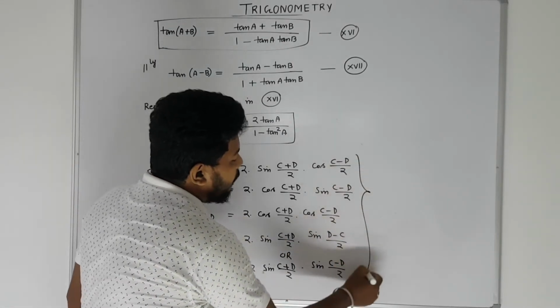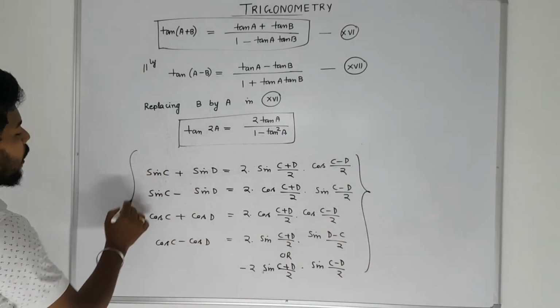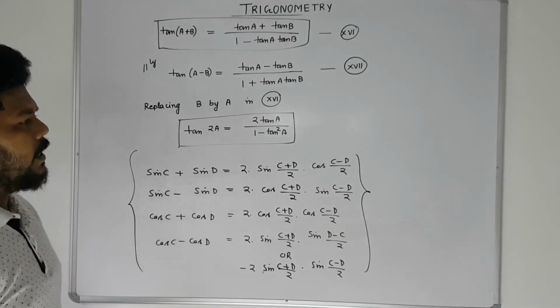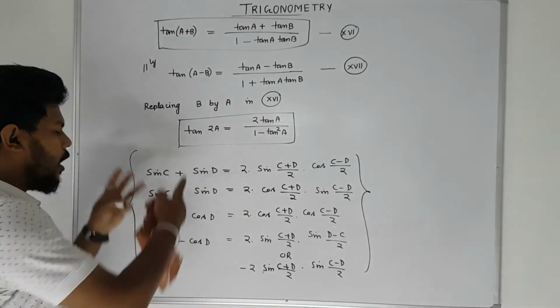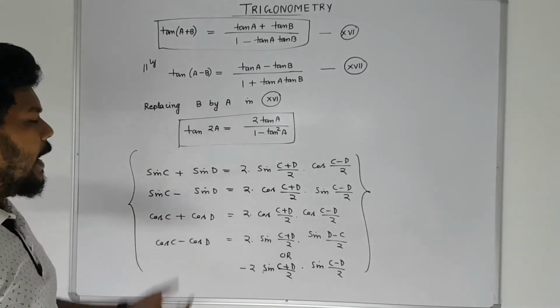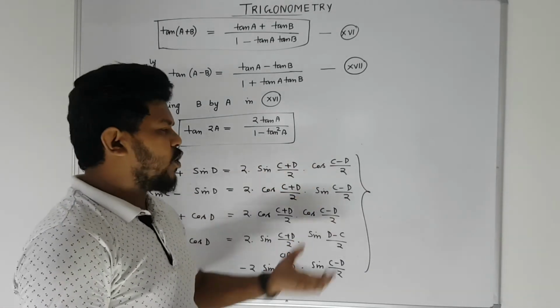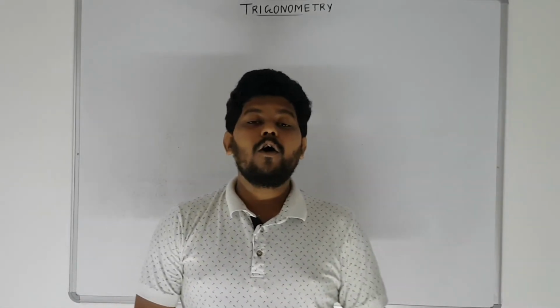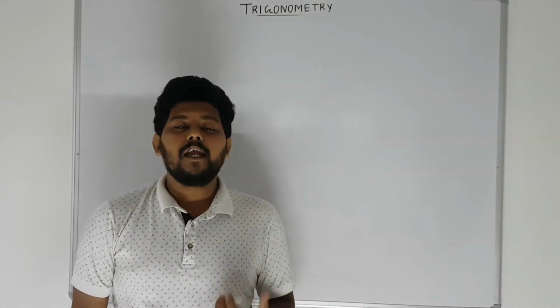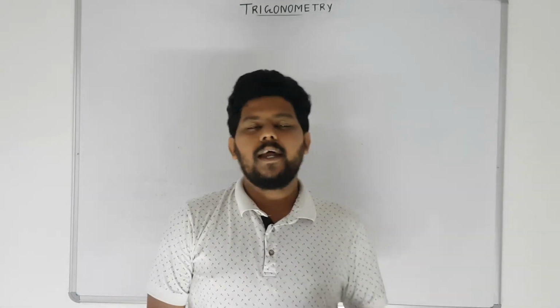These formulas are very important for board level problems or even in entrance exams. We can represent the sum of two trigonometric functions as the product of two other trigonometric functions. So we have derived the formula of multiple angles of sine function, cos function and tan function.